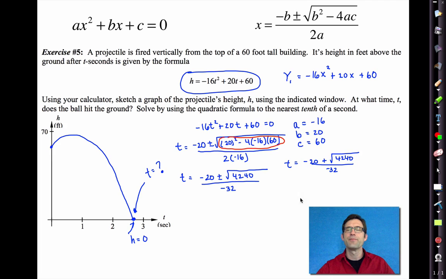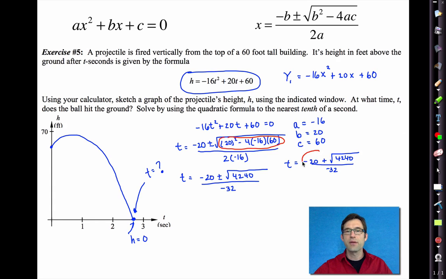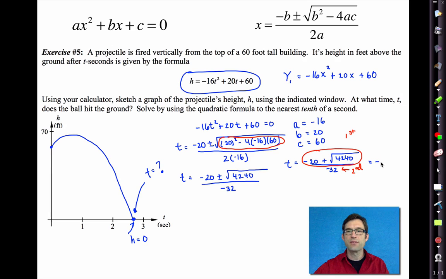Let's do them one at a time. Now, to do this calculation on your calculator, here's what I advise. I advise doing this calculation first, getting an answer, and then dividing it by the negative 32. All right, do it in two steps. And when you do that, you get an answer that's something like negative 1.4, etc. It's quite ugly.